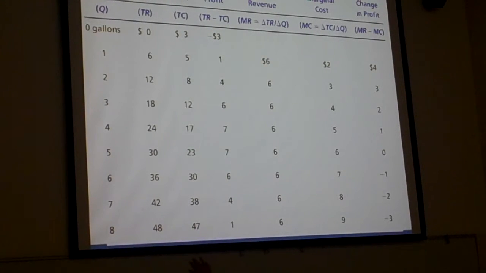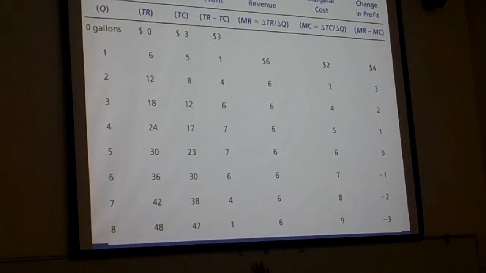Great question. Let's back up and make sure that we're clear on a couple of things. Marginal revenue. Do you understand what marginal revenue is? That's the change in the total revenue based on selling. Yeah, you got it. So you sell one more unit, your total revenue goes up by another $6, equal to the price. Because you sell one more unit, the price is $6, so my marginal revenue is $6.